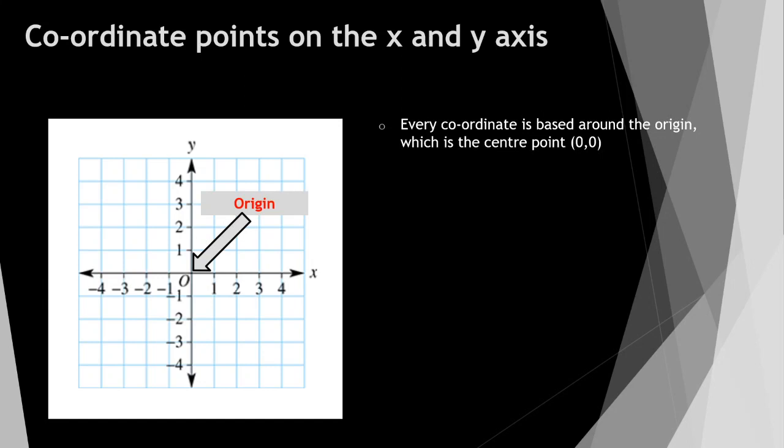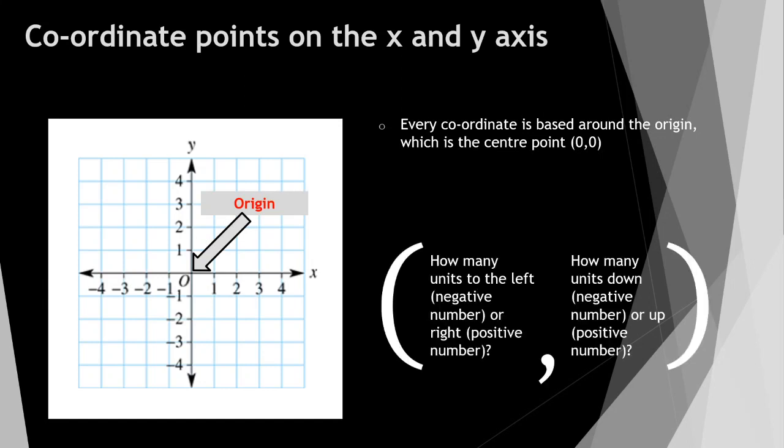The reason why this is important is because we identify our coordinate points based on how many units to the left or the right of the origin, that gives us our x value, and how many units up or down of the origin, and that gives us our y value.